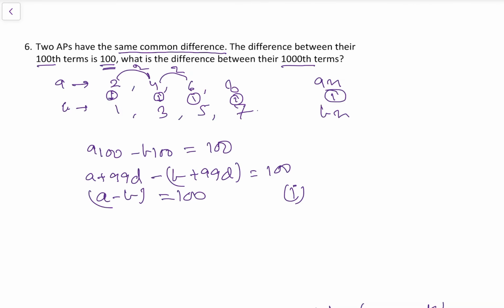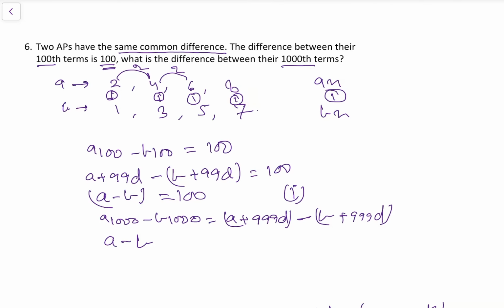Now we need to find A1000 minus B1000. We can say A plus 999D minus B plus 999D, which will become, let's write in the next line just for more clarity, A minus B. So from the first we know that A minus B is 100.